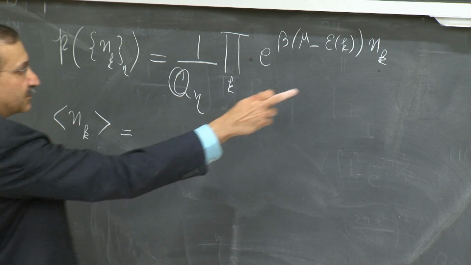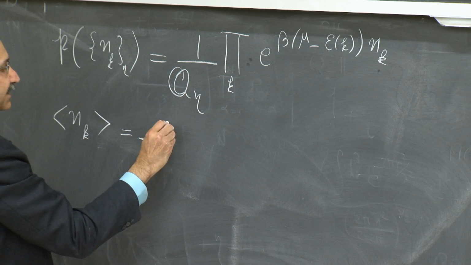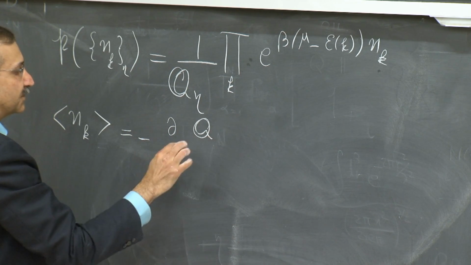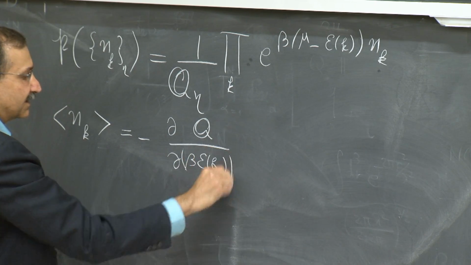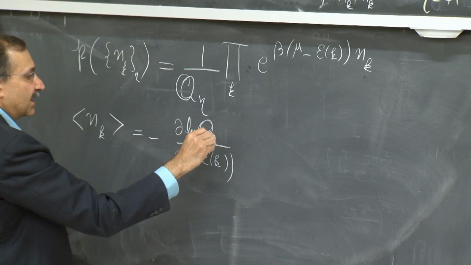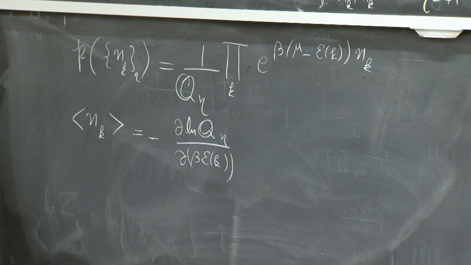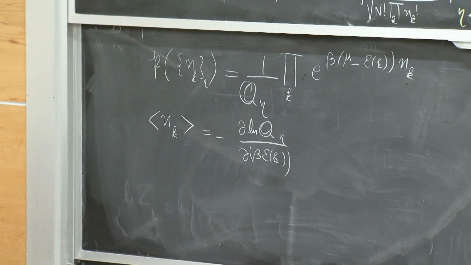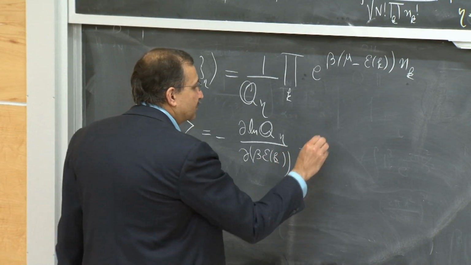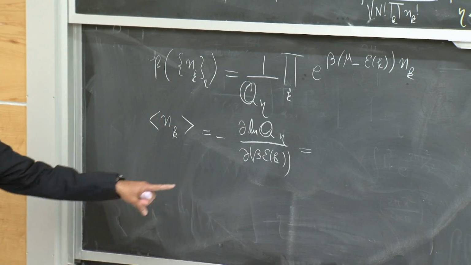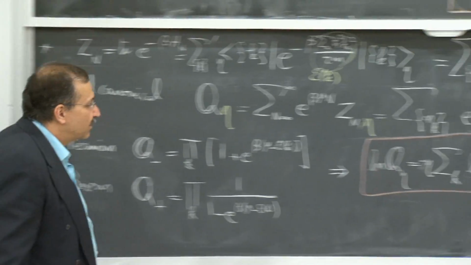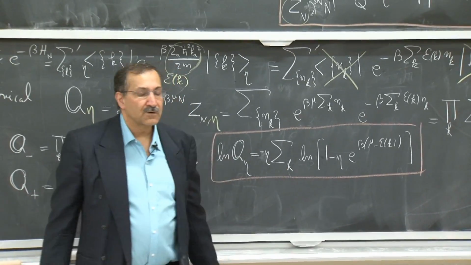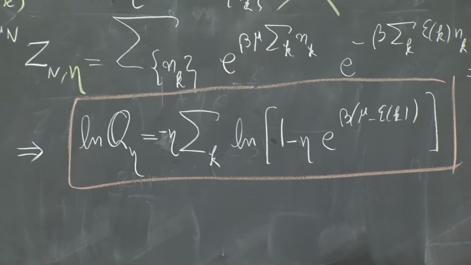And you can bring down a factor of nk by taking a derivative of Q with respect to beta epsilon k with a minus sign and normalizing it, so you would have log. So you would have an expression such as this. And so you basically would need to calculate, since you are taking derivative with respect to epsilon k, the corresponding log for which epsilon k appears.